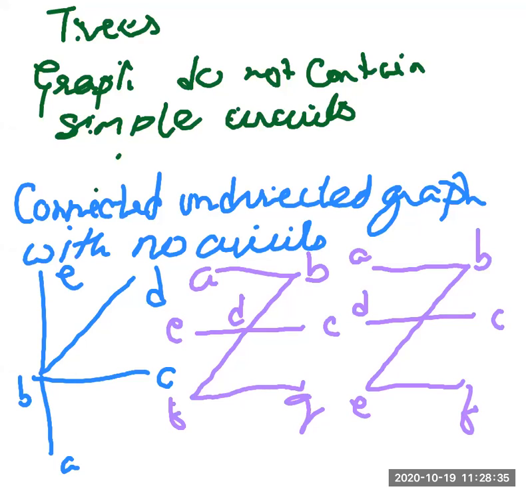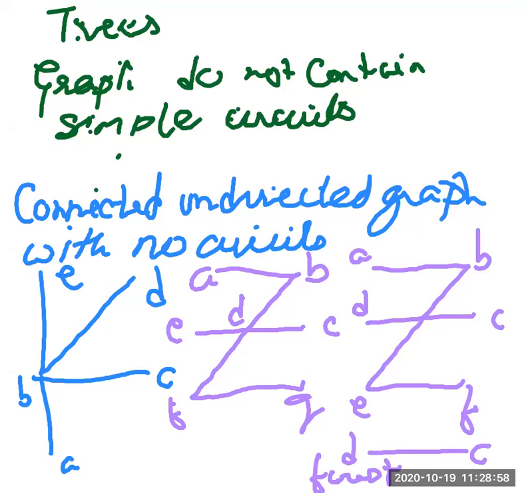It is not a tree because A, B, E, F is one component and D, C is another component. So it has two components, so this is not a tree. This is called a forest. There are two trees, and this is called a forest.